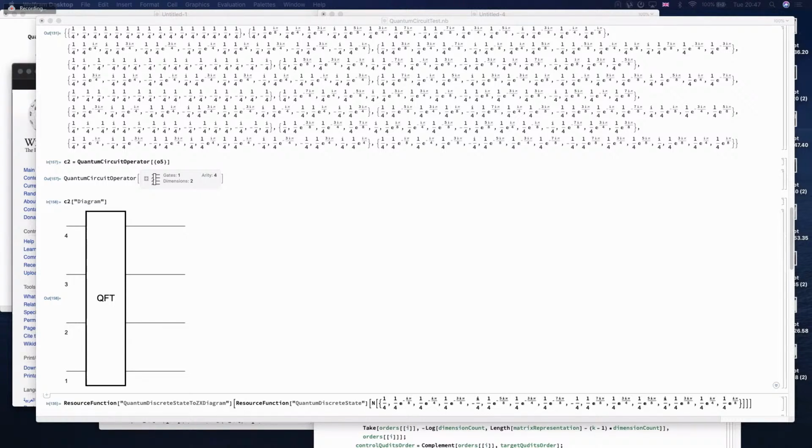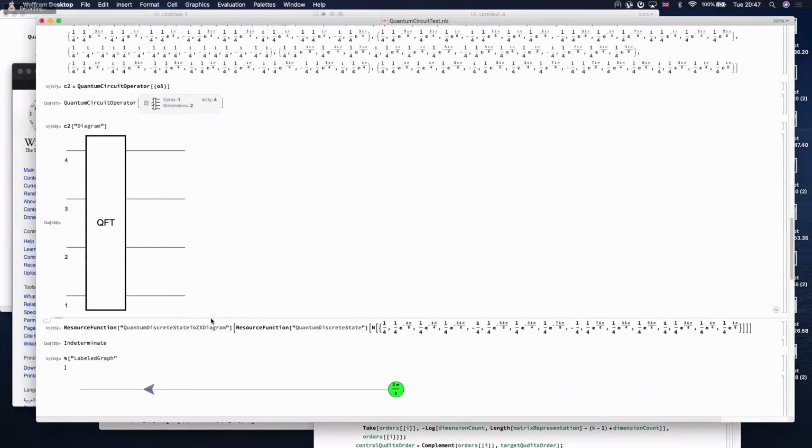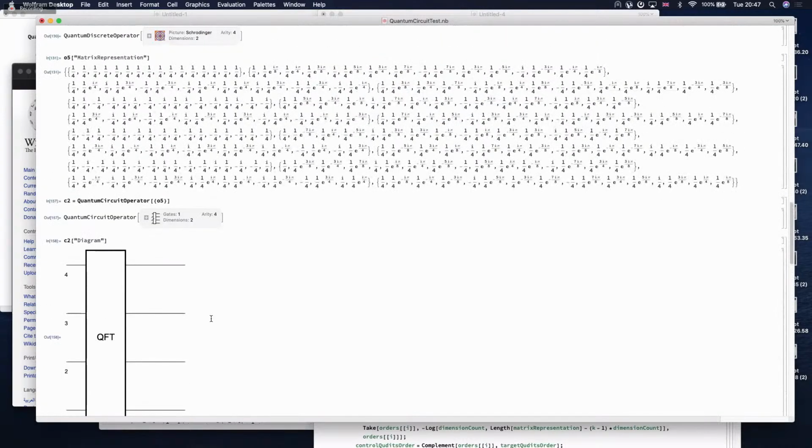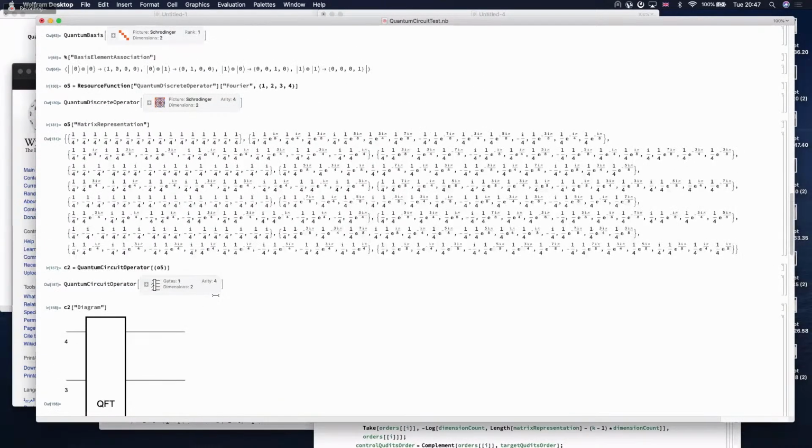Right. So can we see that actually work? That matrix is the matrix that is being applied. We've got all possible superpositions. What is this thing? Well, you asked for arity 4, so this is a 16 by 16. Okay, so this is 4 qubits.